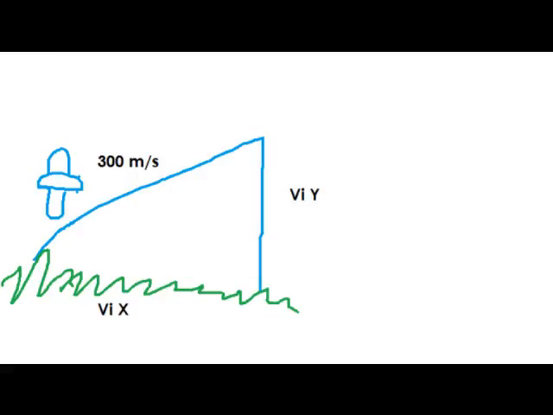To find the vertical velocity, we use sine of 40 multiplied by 300. And to find the horizontal velocity, we solve 300 times cosine of 40 degrees. Make sure your calculator is in degree mode for this.